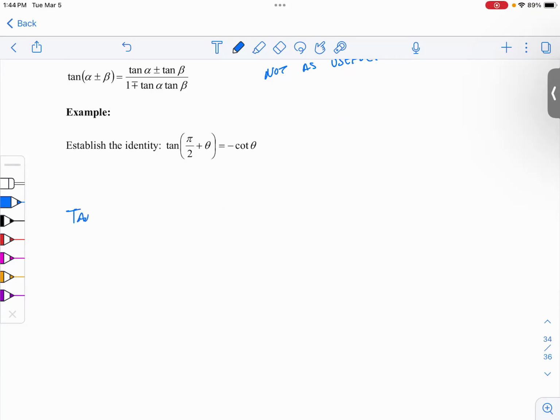What I want to do is what we normally do, which is I have tangent. I want to turn that into sine over cosine, then I can use those individual sum difference formulas.